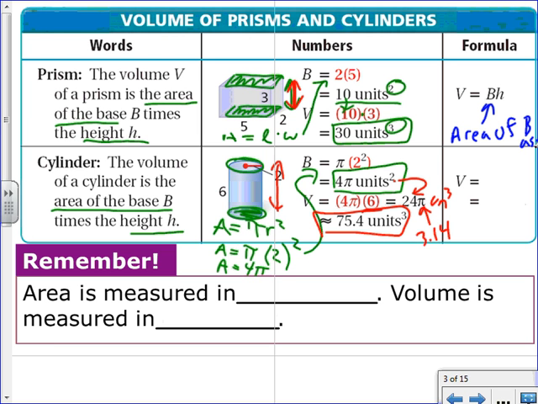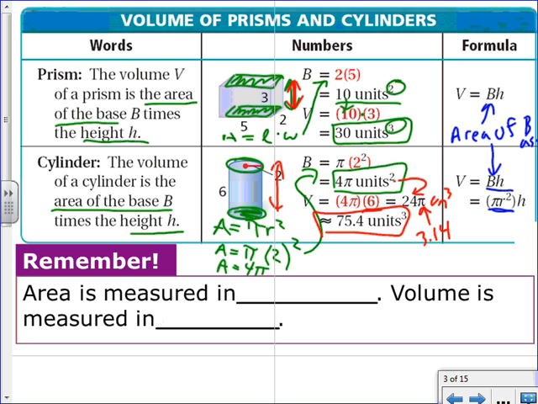And then over here, the volume of a cylinder is a little bit different. The volume is base times height. The area of the base, again, this B once again stands for the area of the base, times the height. And what we can say is that if we were talking about a cylinder, our base is a circle, and the area of a circle is pi r squared.